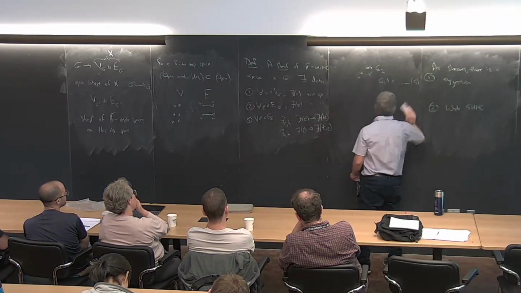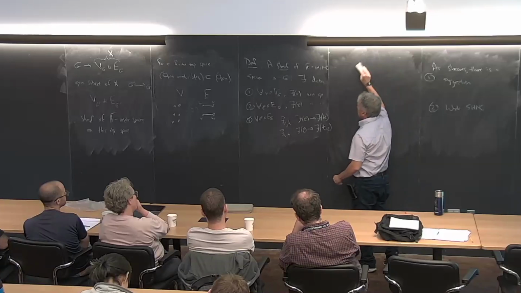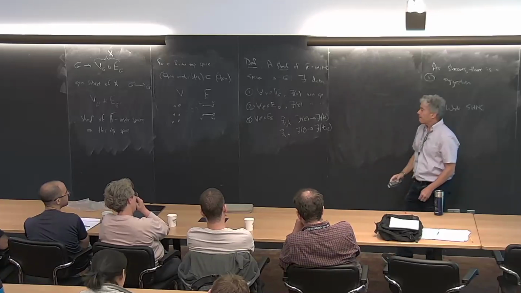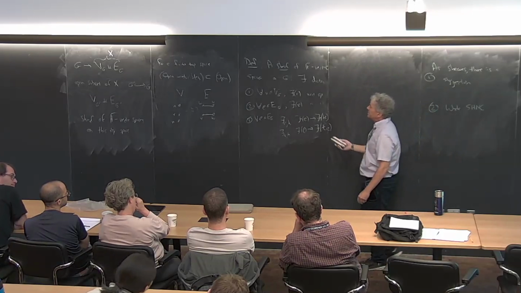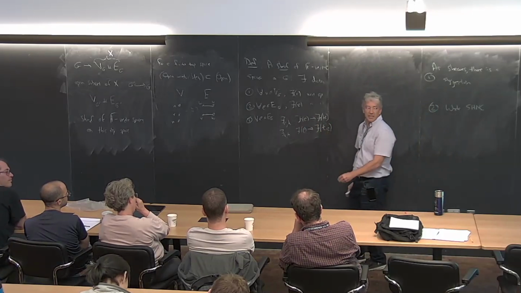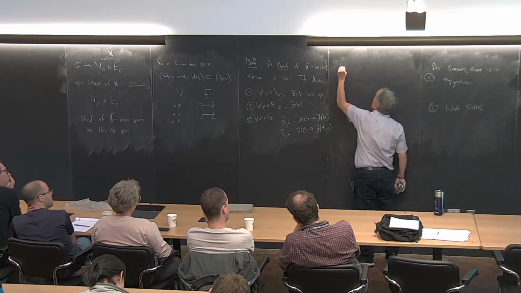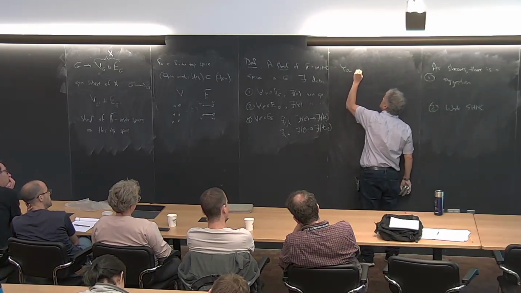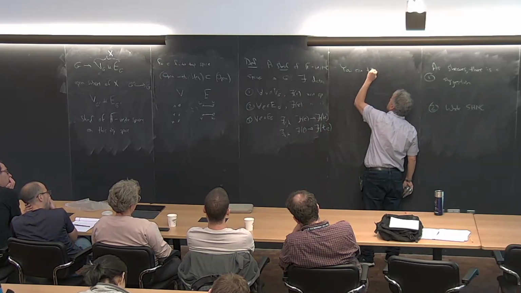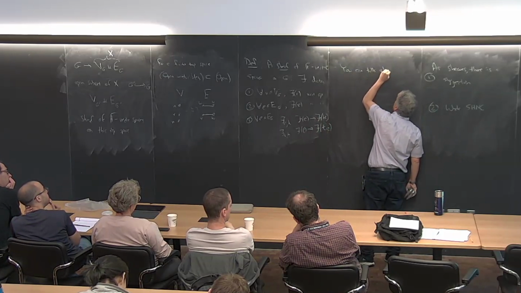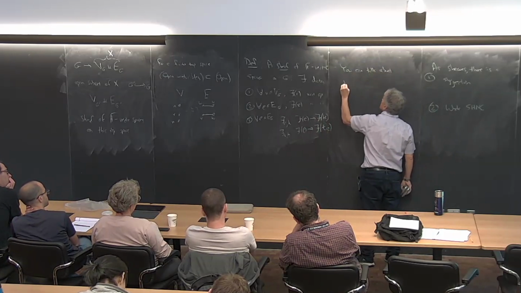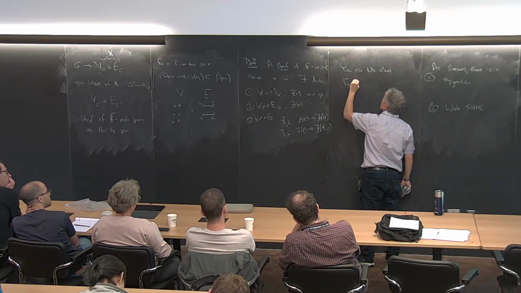And now you can talk about... These are linear maps? These are linear maps, yeah. This is what the data is. And now you can talk about what is the reduced first Betti number of a sheaf?